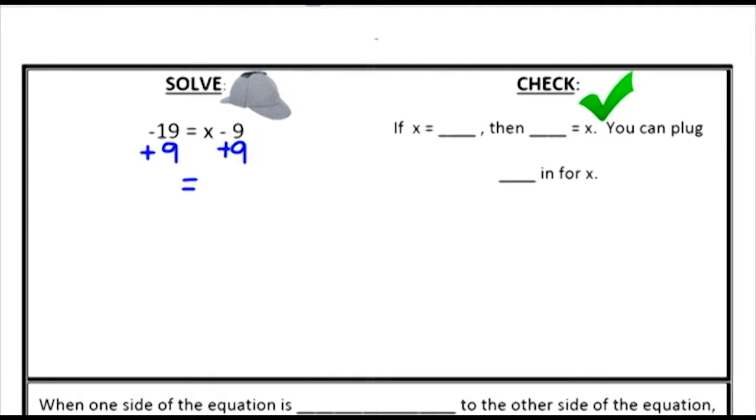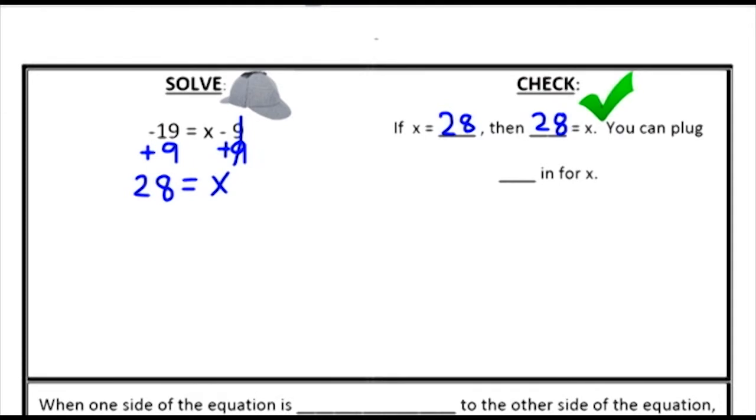Negative 19 plus 9. Well, I'm going to do negative 19 plus 9, and I'm going to get 28. Logically, I'd say that x equals 28. So 28 has to equal x. By that logic, I can plug 28 in for x, and I should get a true statement.